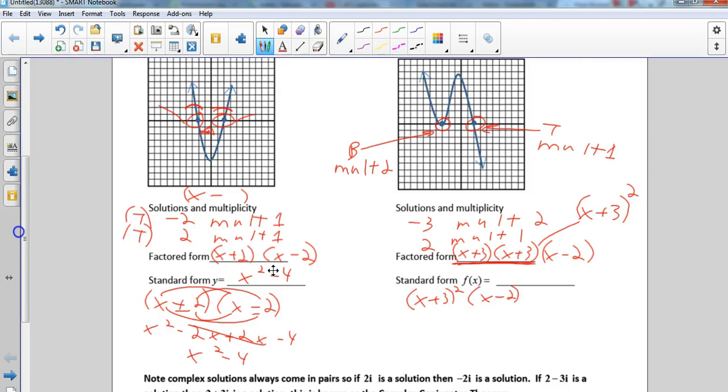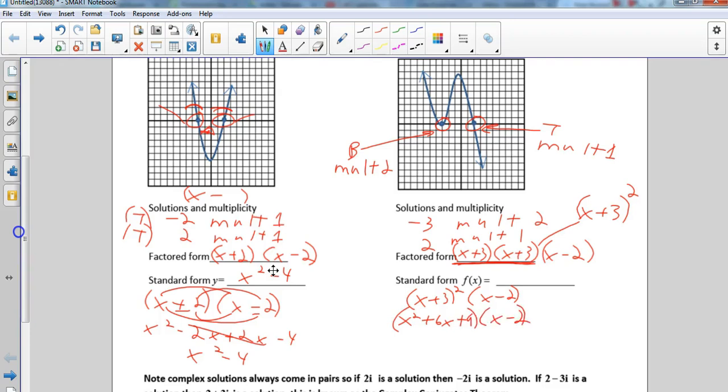So now we have to come down here and multiply these out. X plus 3 squared, you can FOIL, or if you remember the shortcut, you square the first, multiply and double to get 6x, and square the second. X squared plus 6x plus 9.